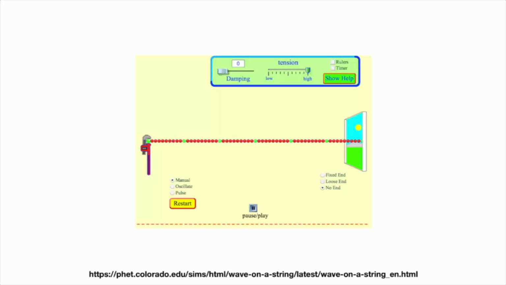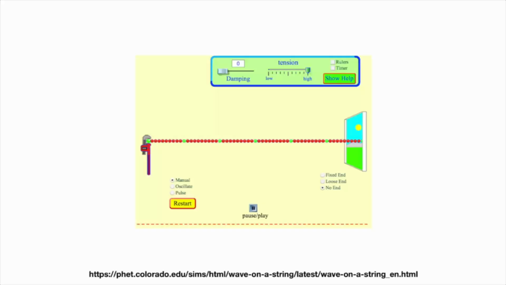Now, are all parts of this wave doing exactly the same thing at exactly the same time? Yes, no? In other words, is the middle blue dot and the one over here, are they at the exact same place at the exact same time? No, they're off a little bit, aren't they?